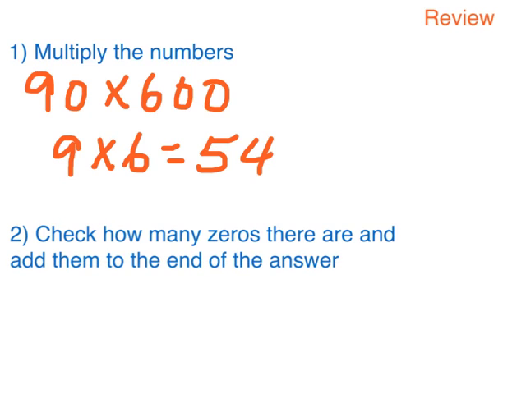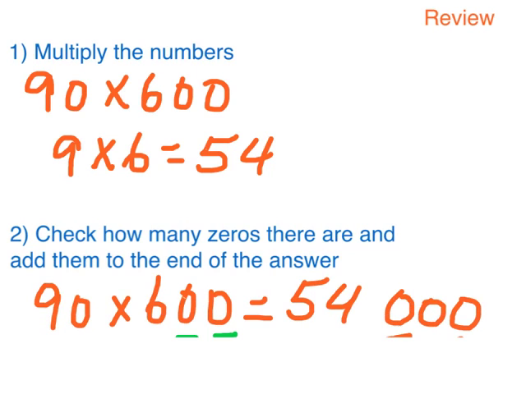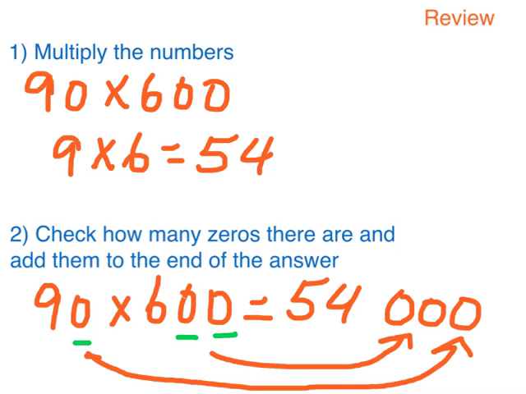And then our second step was to check how many zeros there are and add them to the end of the number. So in this example, we had 3 zeros, 1 in 90, 1 in 600, and so our final answer was 54,000.